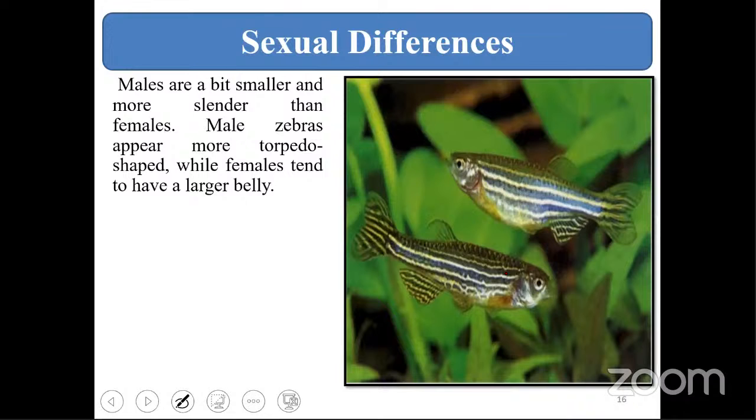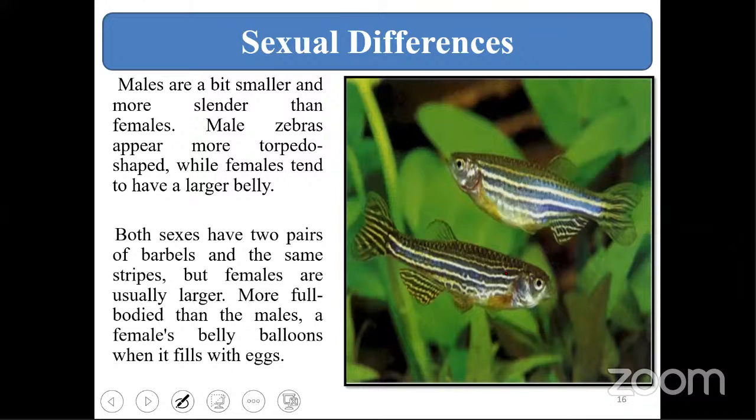Males are a bit smaller and more slender than females. Male zebrafish appear more torpedo shaped, while females tend to have a larger belly. You can see that both sexes have two pairs of stripes, but females are usually larger compared to males.